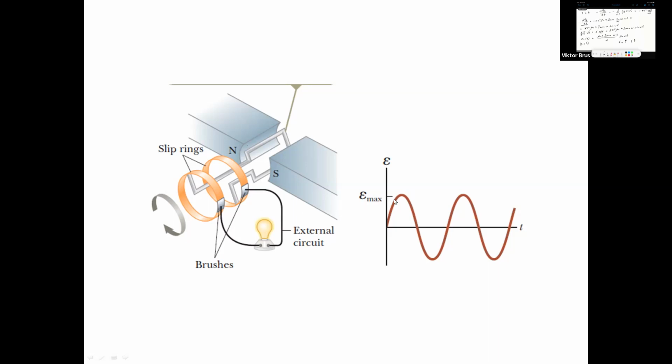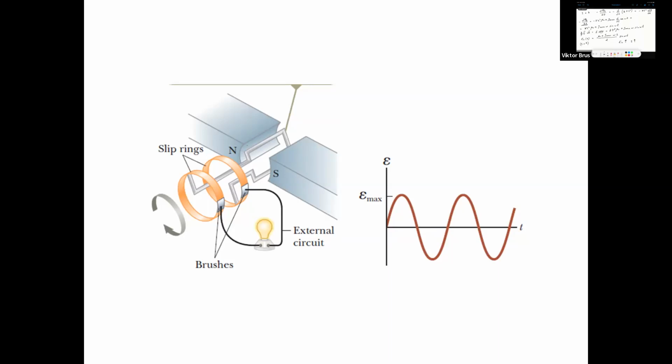The electromotive force, and also the induced electric current, is a periodic function, which means that with such an electric generator we generate so-called alternating current.